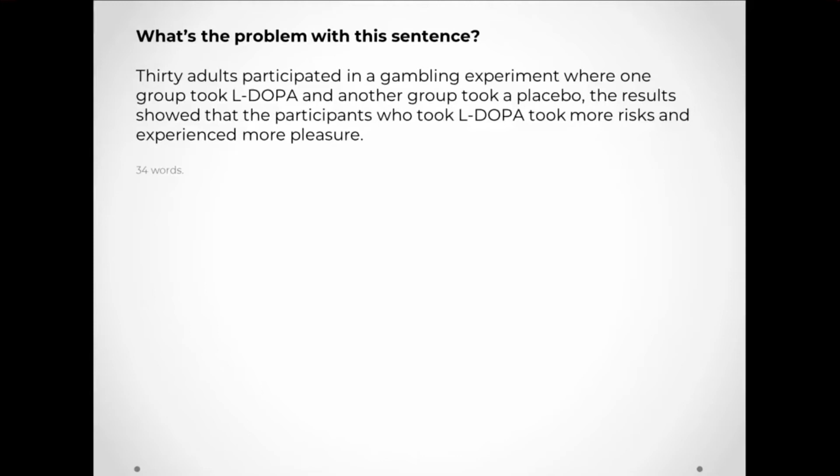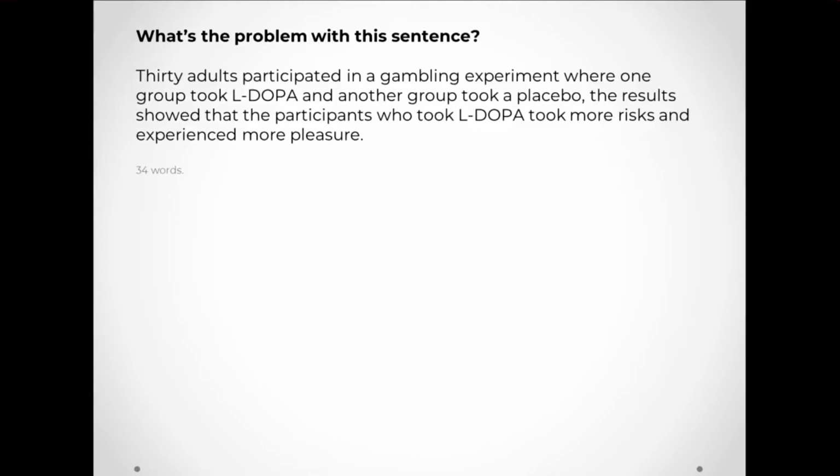There's just one thing that is wrong here. Can any of you recognize it? The thing is that, in fact, these are two sentences, not one, but written like one sentence, just separated with a comma.